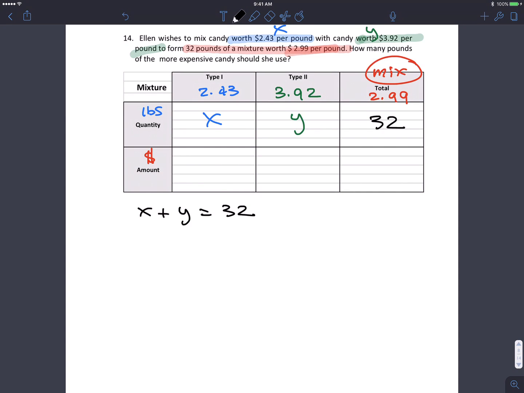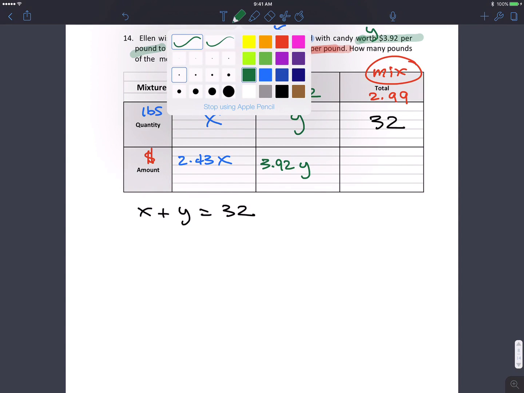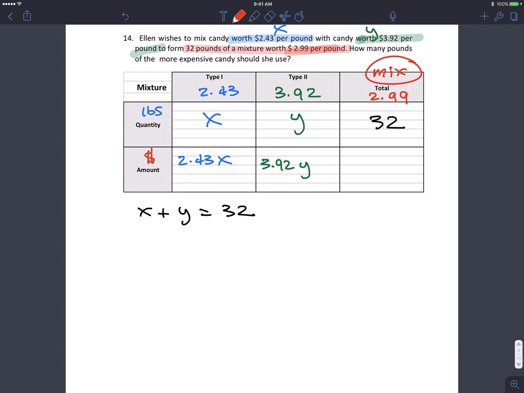Now, we know something about the dollar amount, meaning we know that $2.43 per pound times X pounds plus the $3.92 per pound times Y pounds better give us 32 pounds at $2.99. We don't know what that value is.